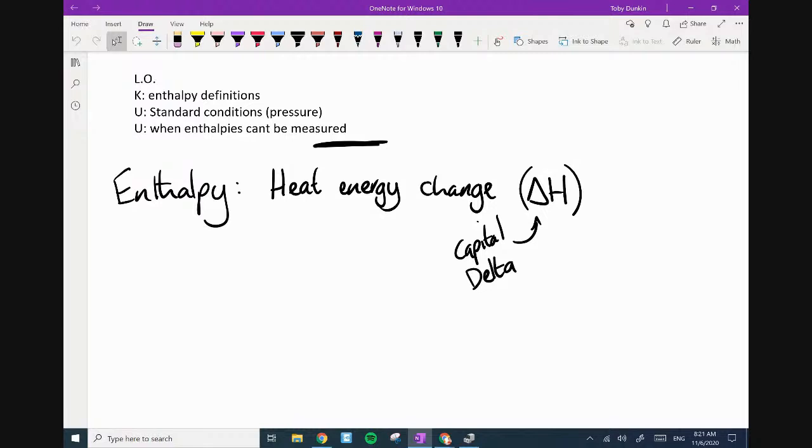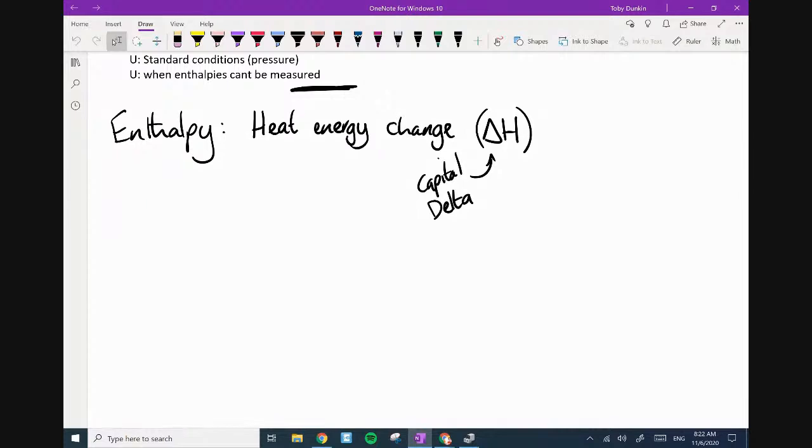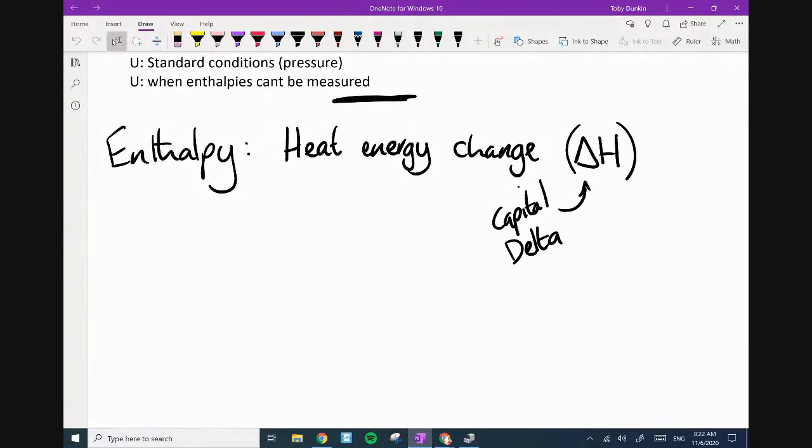And what we realize is that in order to measure this, we need to try and standardize it. Because I'm sure that you guys would probably already know that if you change conditions, then you change heat energy outputs. A great example for that is, of course, pressure.